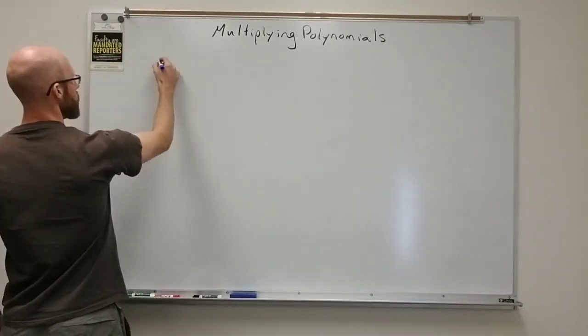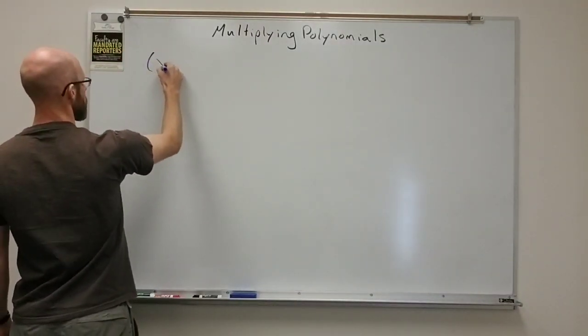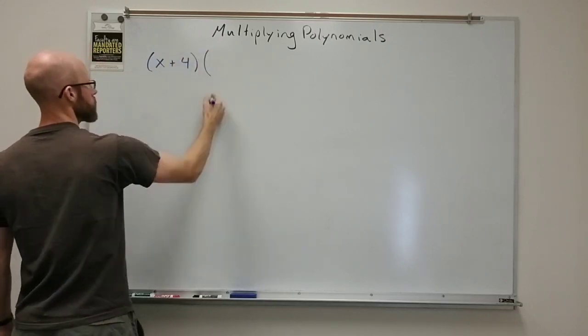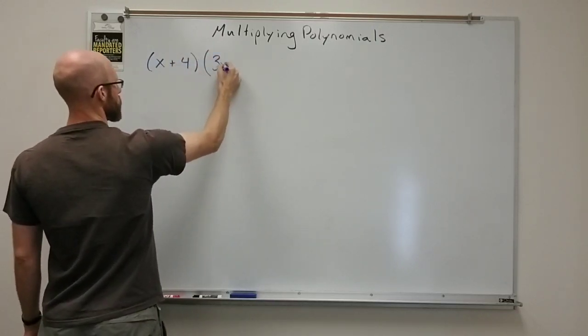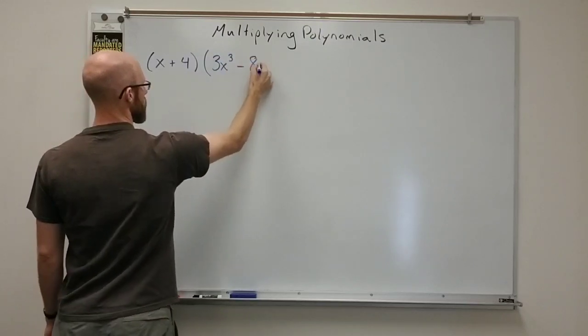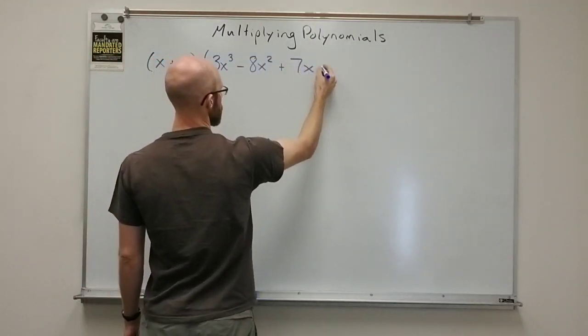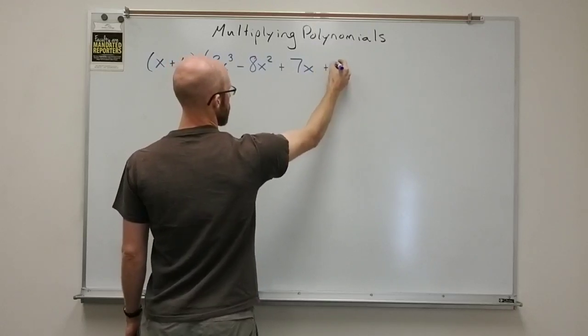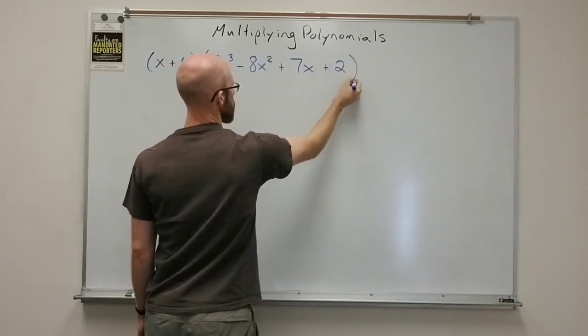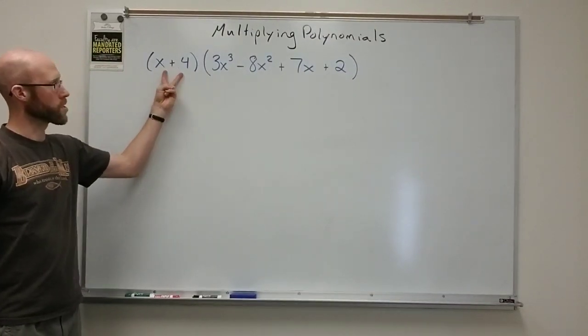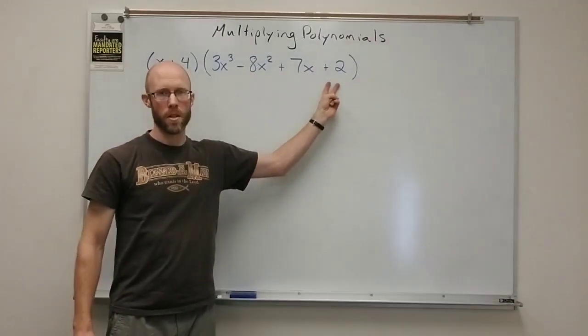So if I had something like x plus 4 times 3x cubed minus 8x squared plus 7x plus 2. Again, I want to multiply every term on the left by every term on the right.